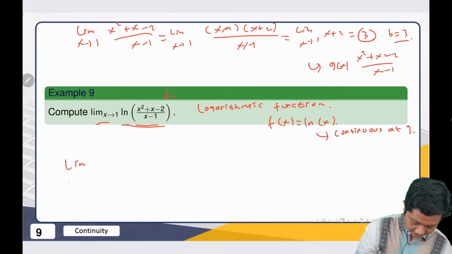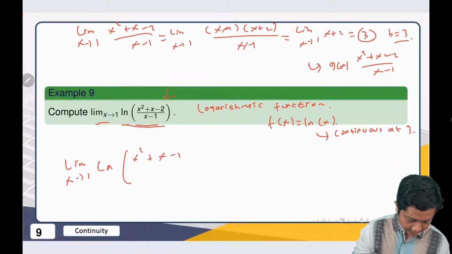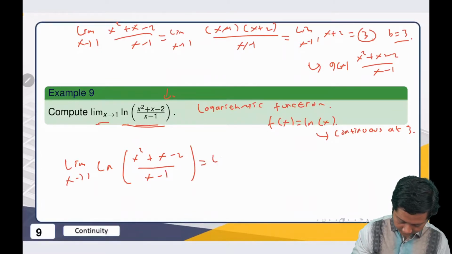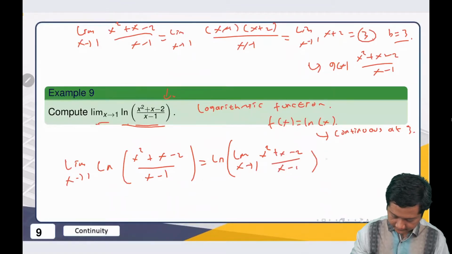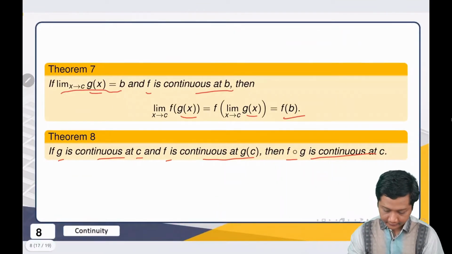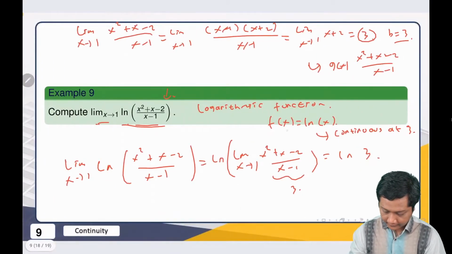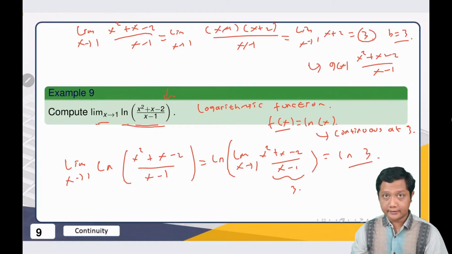The limit as x approaches 1 of ln of (x squared plus x minus 2) over (x minus 1) is equal to ln of the limit as x approaches 1 of (x squared plus x minus 2) over (x minus 1), which gives ln 3, because this limit is 3. So this one is equal to f(b), and our f(x) is ln x, and our b is 3. That's why we have ln 3.